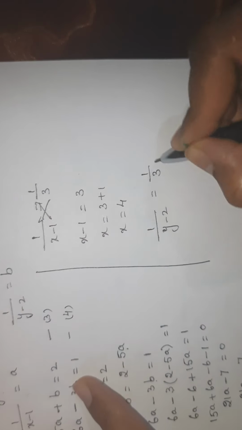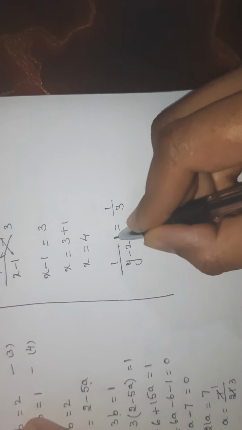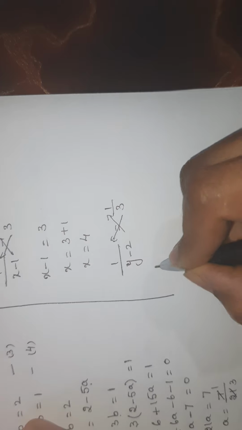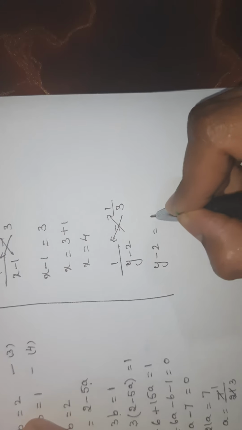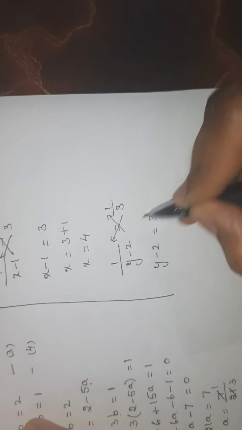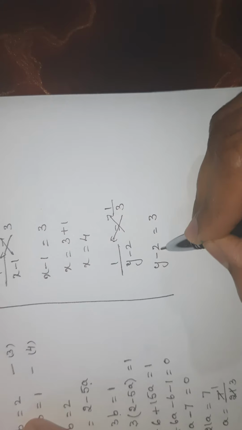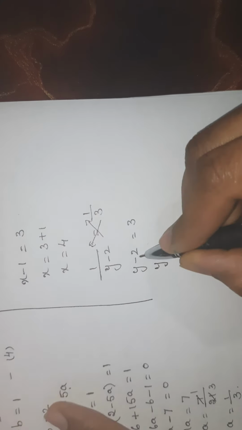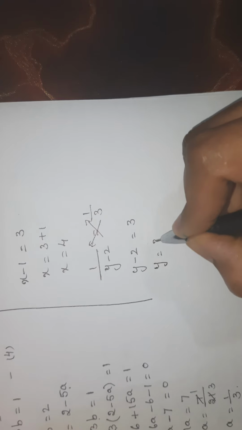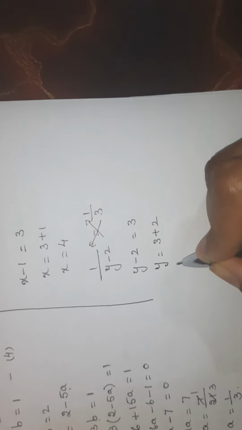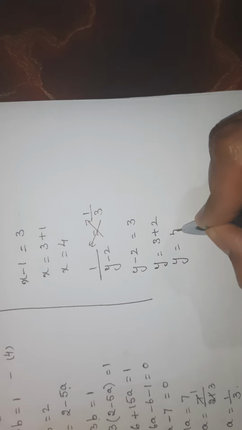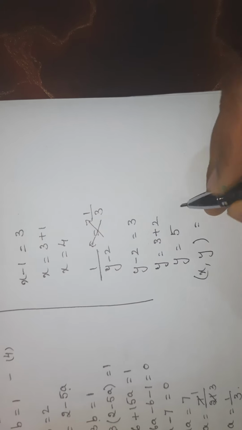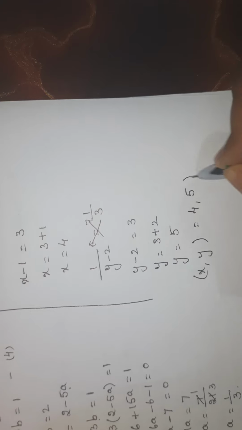Here also the same method, cross multiplication, we have to do. y minus 2 is equal to 3. 3 into 1 is 3, y minus 2 into 1 is y minus 2. Therefore y is equal to 3, minus 2 if you transpose it becomes plus 2, therefore y is equal to 5. Therefore x comma y is 4 comma 5.